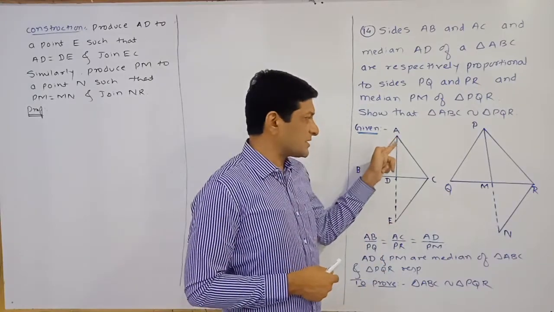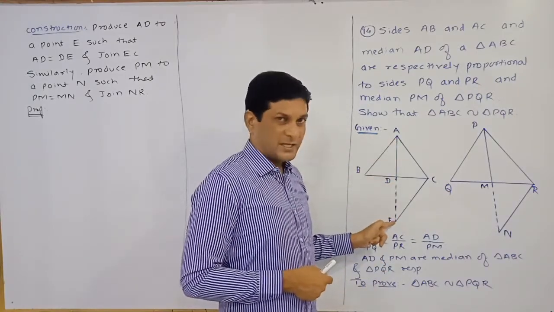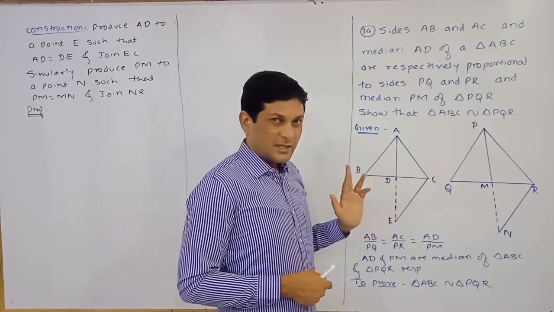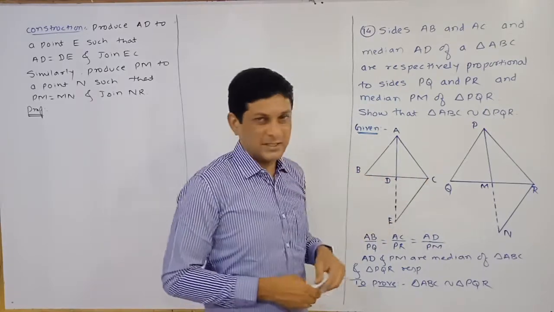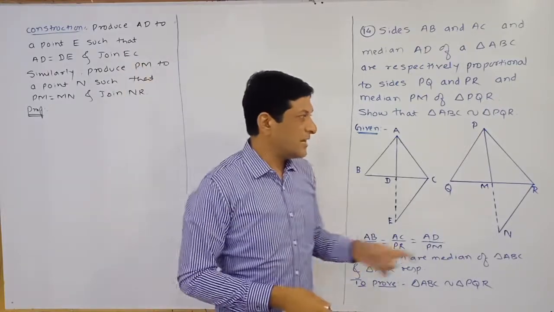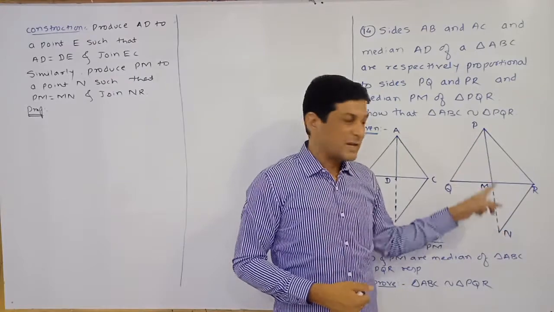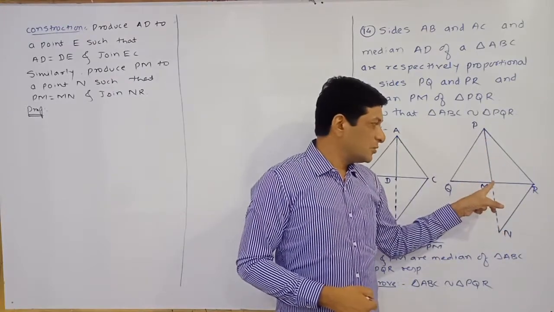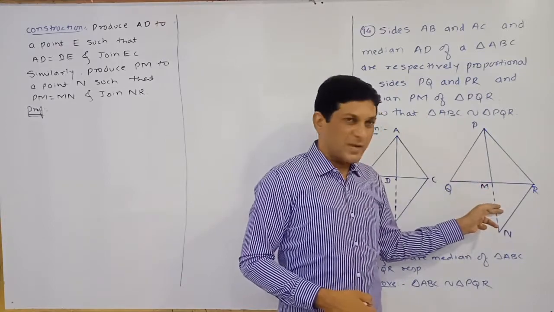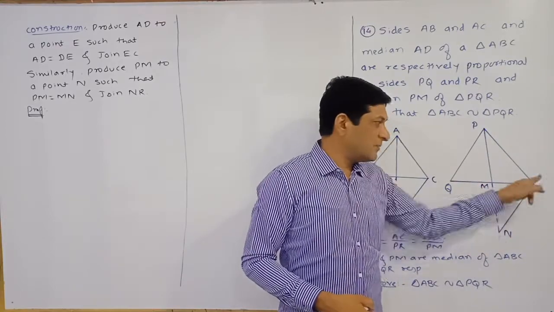Now observe our construction here. We have extended segment AD to point E such that AD is equal to DE. Then join segment CE. Here we have already written this construction. We apply a similar method in triangle PQR: extend PM to point N such that PM is equal to MN, and join segment NR.